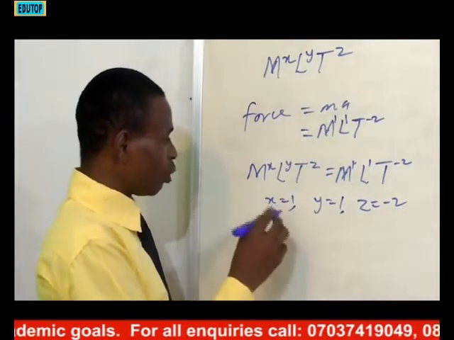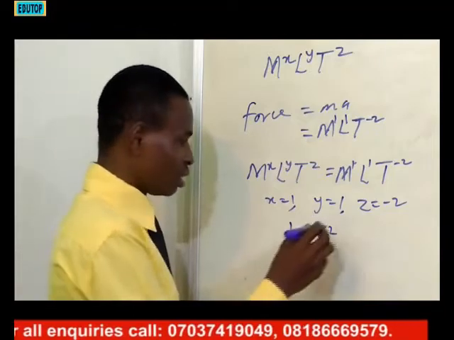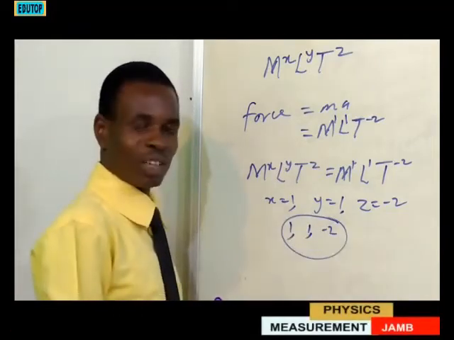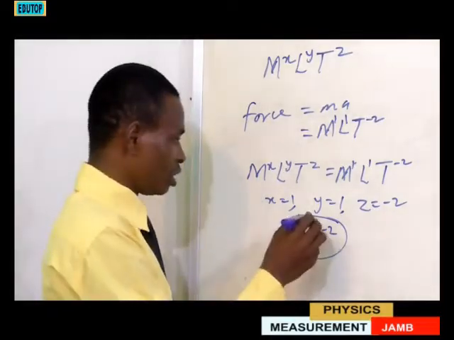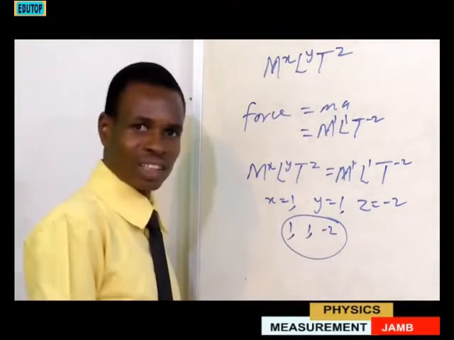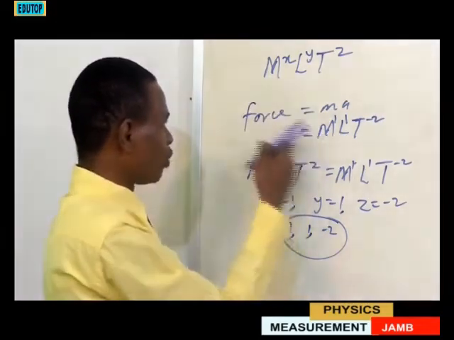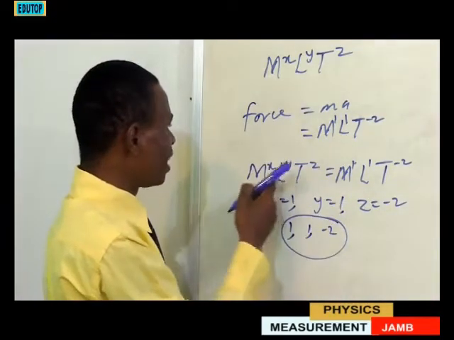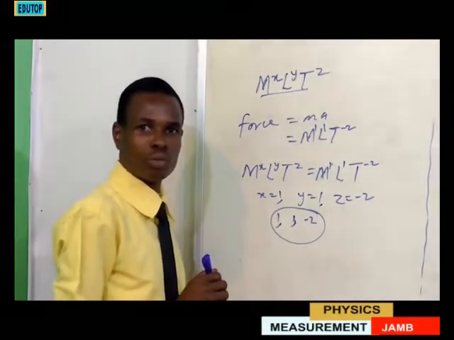So which means 1, 1, minus 2 is what they are asking from you. So if you take the option, this is the right answer. Once you check the dimension of your quantity, compare it to this. So that's what they are asking from you.